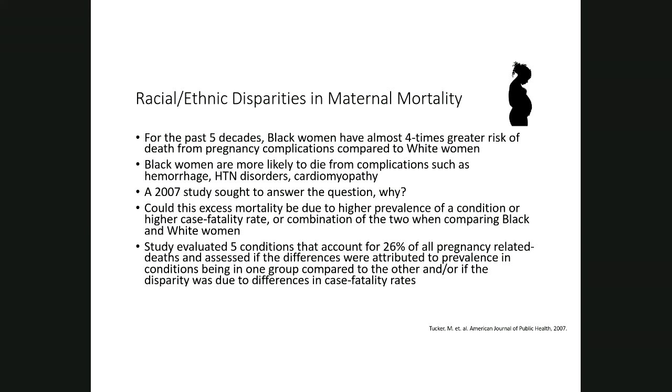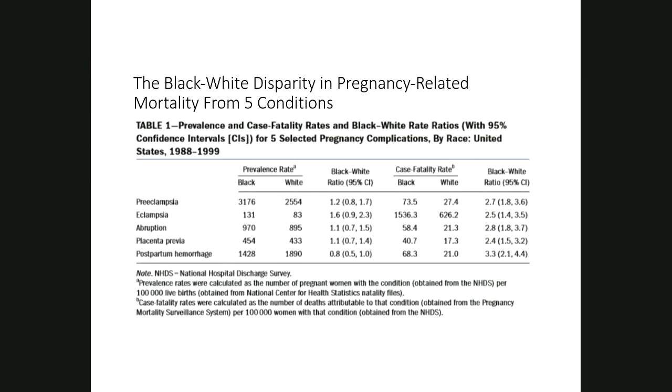And those 5 conditions account for about 26% of all the pregnancy-related deaths. They calculated the prevalence and case fatality rates for the above conditions in women who died from 1988 to 1999 using national databases from all the hospitals around the country.